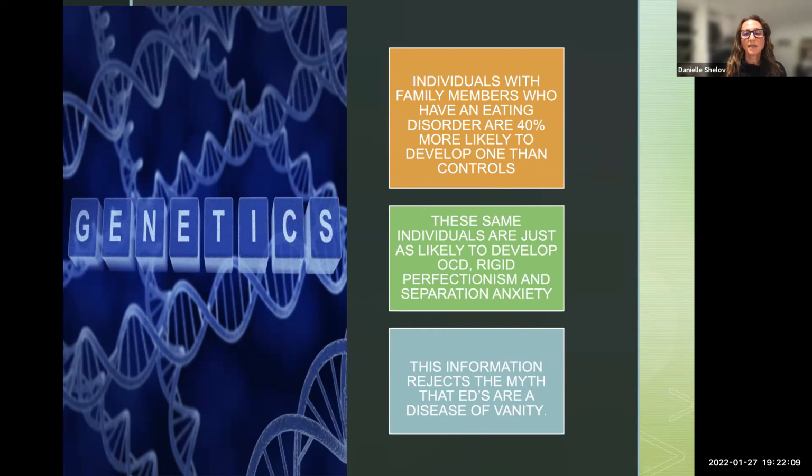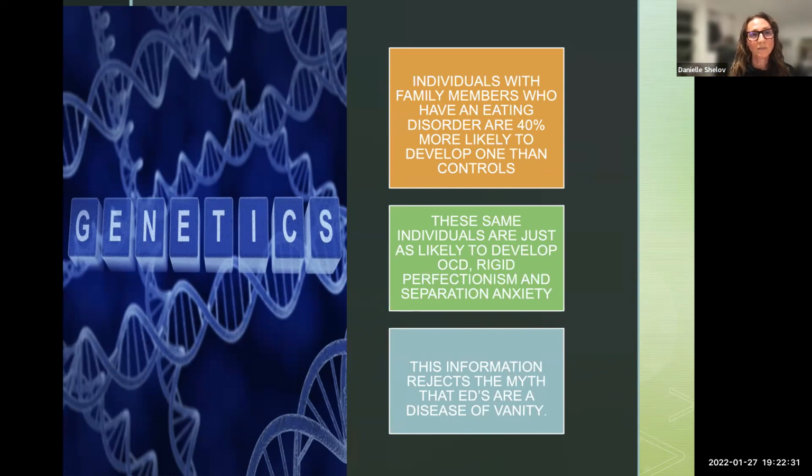The interesting thing is that eating disorders come along with OCD, rigid perfectionism, and all types of anxiety, including separation anxiety. Meaning that eating disorders don't cause OCD, and OCD doesn't cause eating disorders, but they usually come together, right? They run along the same track.